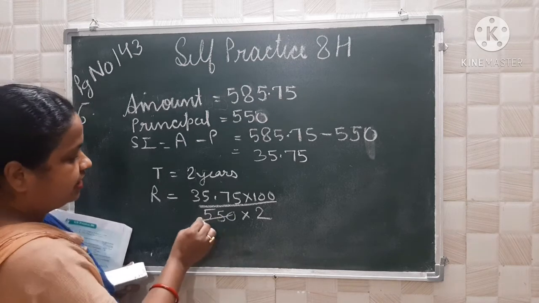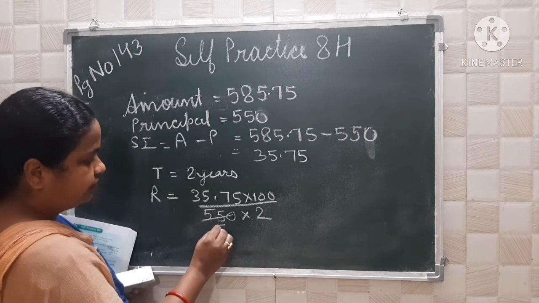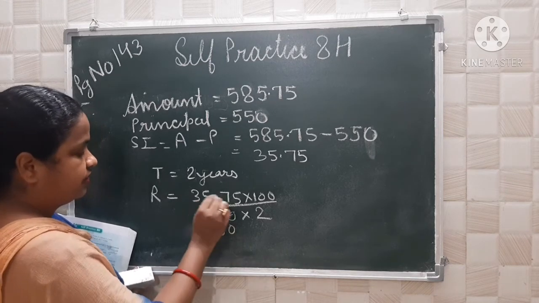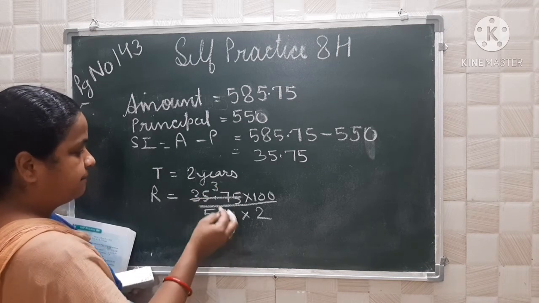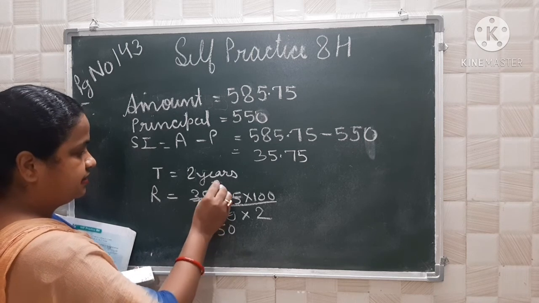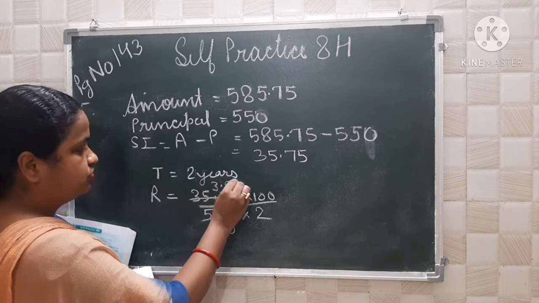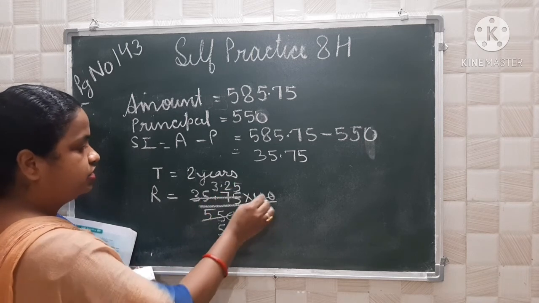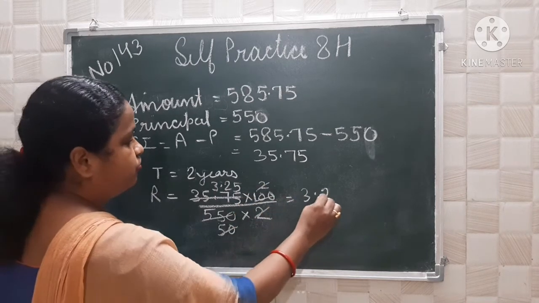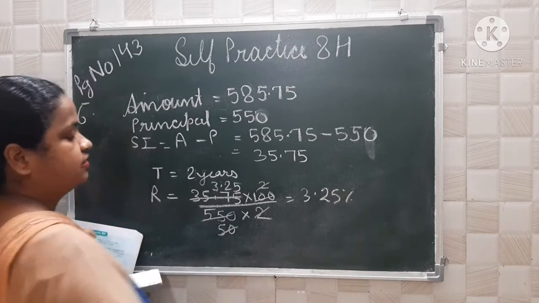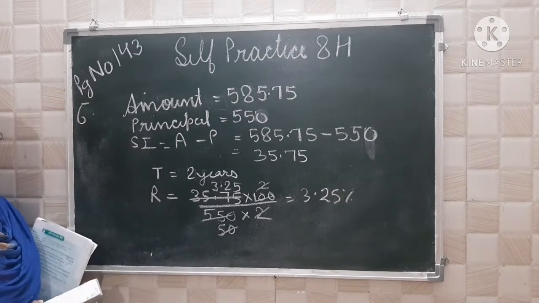Now 11 5s are 55. Now 11 3s are 33. 33.25. 50 2s are 100 and 2 2s are 4. So 3.25 interest. What is the rate of interest you have to pay?